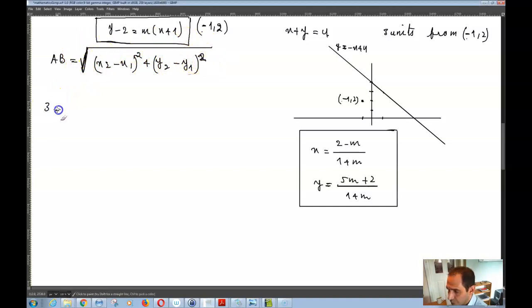So I write this as 3 is equal to the square root of x2 minus x1, which is 2 minus m over 1 plus m, minus x1, which is equal to -1, so that becomes plus 1, all squared, plus 5m plus 2 over 1 plus m minus 2 whole squared.